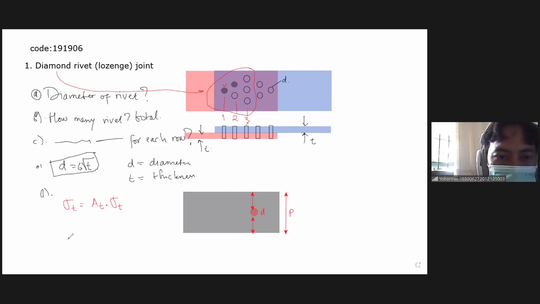Sorry, I will change the notation so we will not confuse. The P stands for the width of the plate, and this is the working load here.